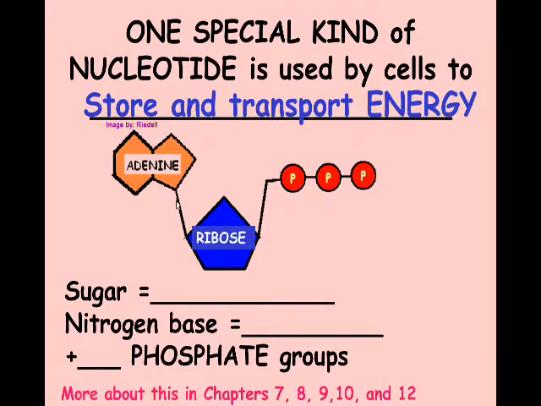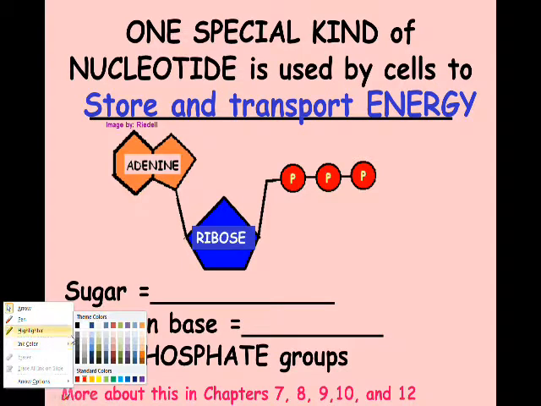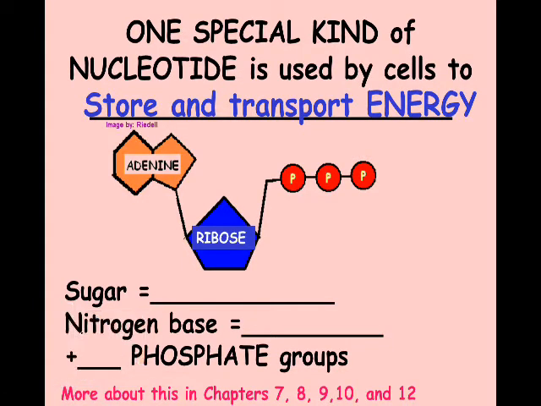So if I look at this little subunit, ribose for my sugar, the A choice, adenine for my nitrogen base. If I just looked at this part of the molecule, here's my sugar, here's my nitrogen base and phosphate group.